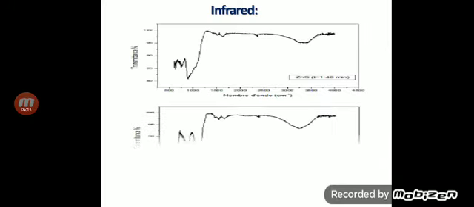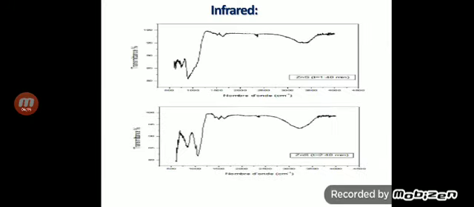The infrared spectra of zinc sulfide were recorded in the 500 to 4500 range. The FTIR spectrum presents two types of bands, either broad and intense bands or faint peaks of less intensity.